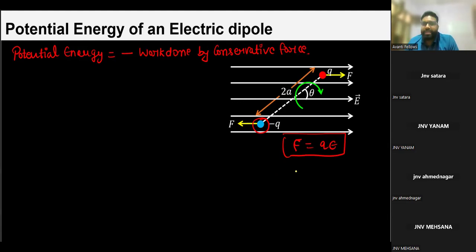And in Coulomb's law, we have studied that the electrostatic force is a conservative force. Okay. So what we have to do is just rotate it a little bit, by theta angle. Okay. Then we will note down the work done by this conservative force and find the expression of potential energy.